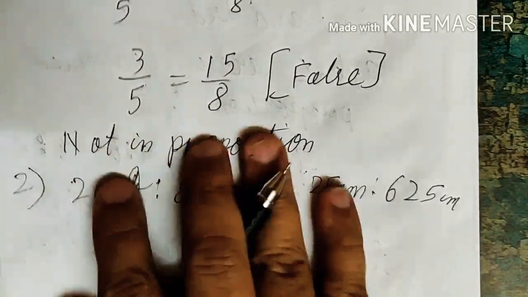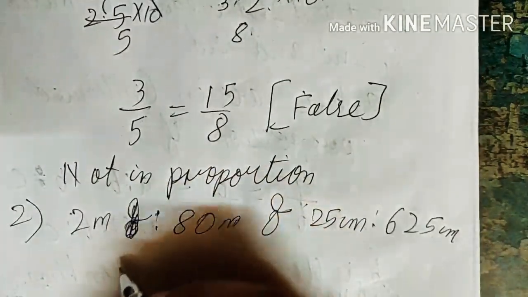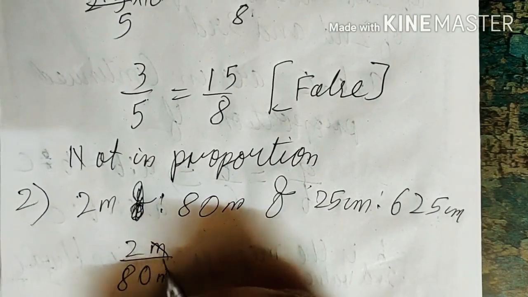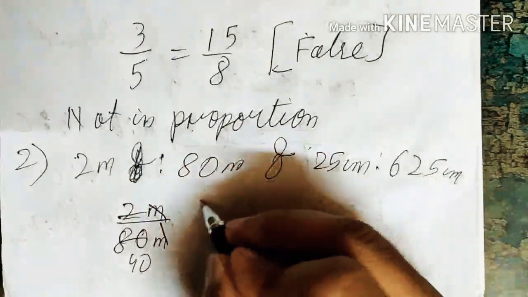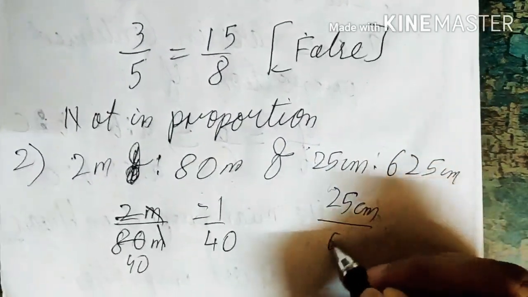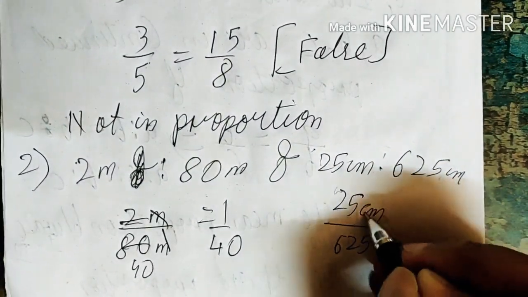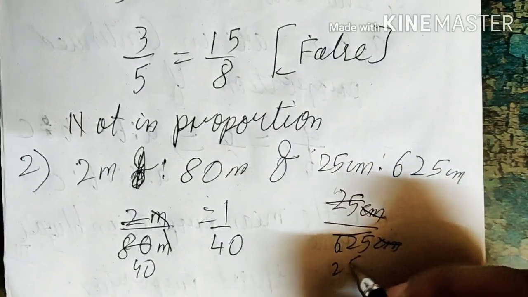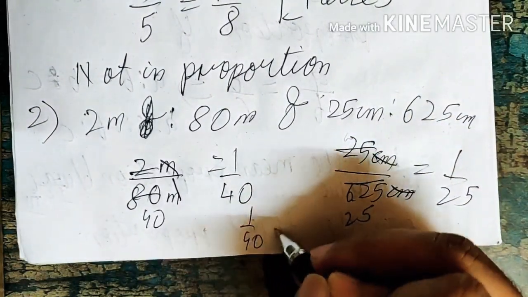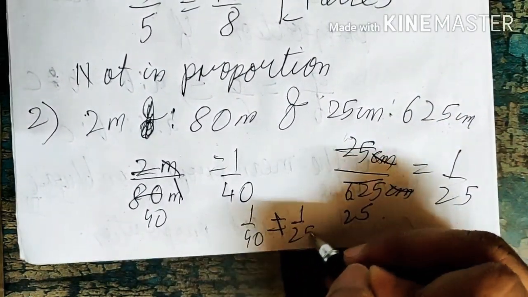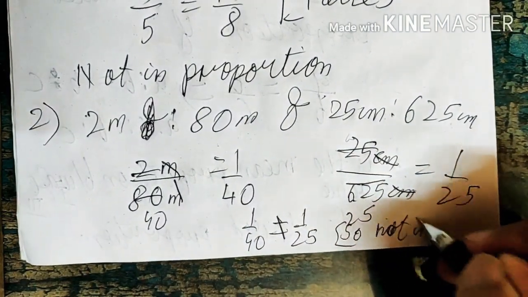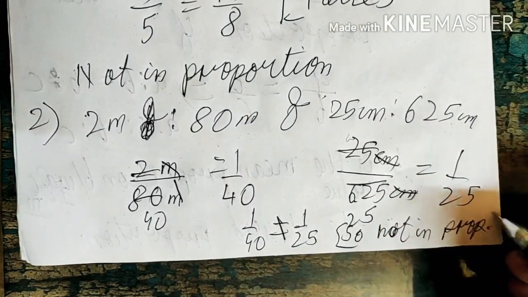Here 2 meter upon 80 meter, cutting meter, gives 1 by 40. And 25 centimeter upon 625 centimeter, centimeter cut off, gives 1 by 25. So 1 by 40 is not equal to 1 by 25. So not in proportion. Okay.